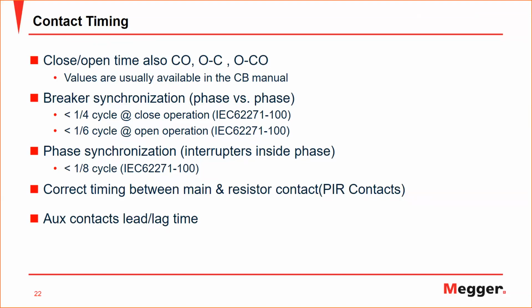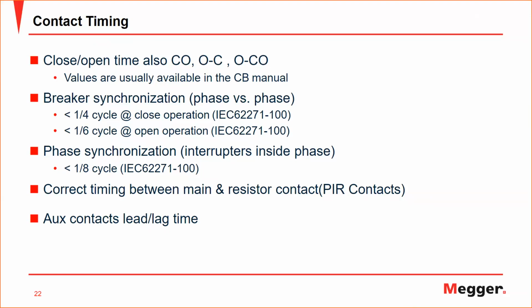Another test, this could be when you have some pre-insertion resistance, main or resistor contact, where you measure the timing for the main contact and also for resistor contacts. This test is usually for circuit breakers that do have these resistor contacts.